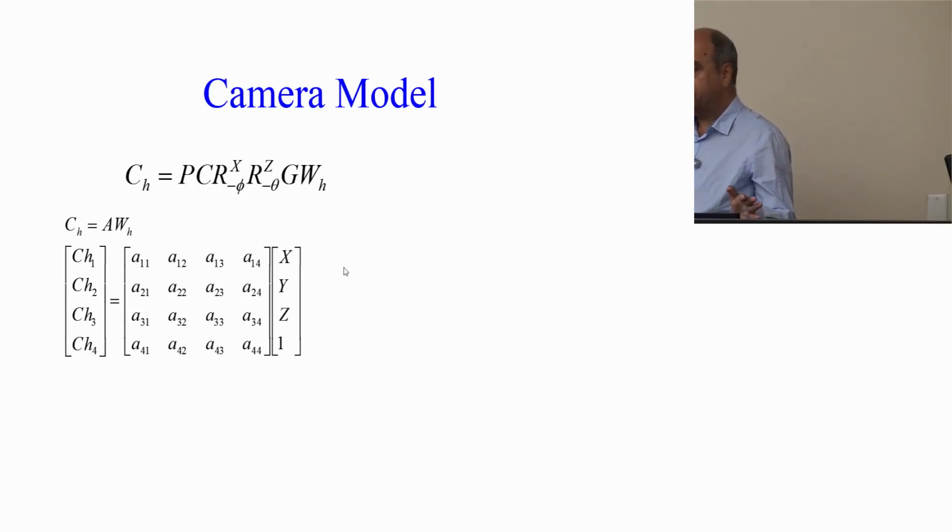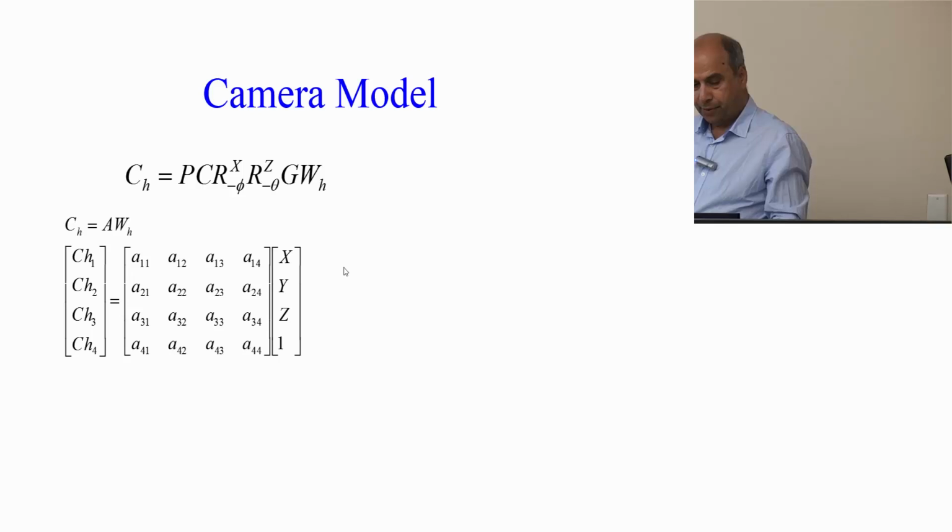And if you take all these matrices, there are lots of matrices, and multiply them together, again you get one matrix, which we'll call the A matrix. What we want to talk about is whether we can find this A matrix by knowing some 3D points and corresponding 2D points. That's essentially called camera calibration.